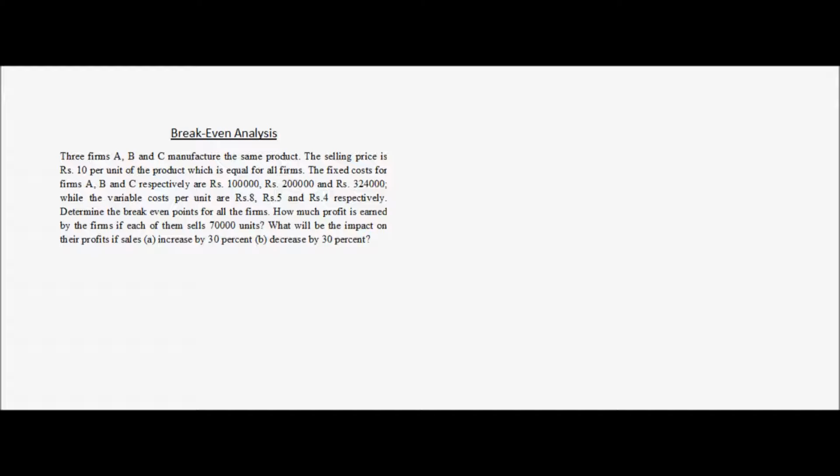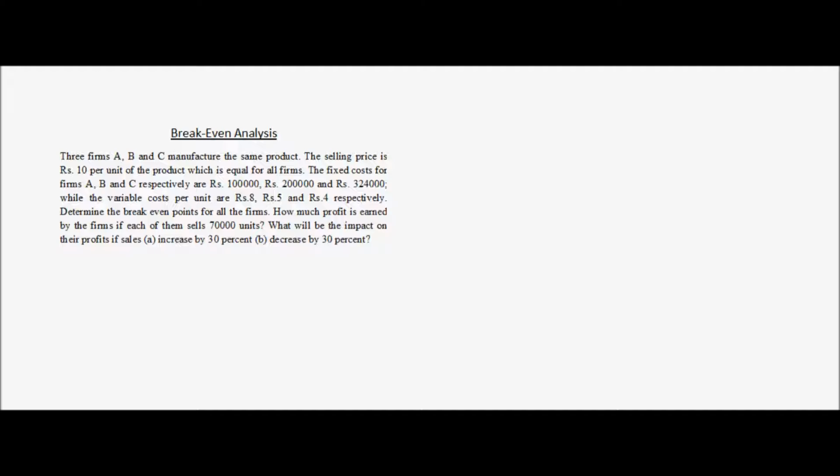Let us look at another example of break-even analysis. Three firms, A, B, and C, manufacture the same product. The selling price is rupees 10 per unit of the product, which is equal for all the firms.